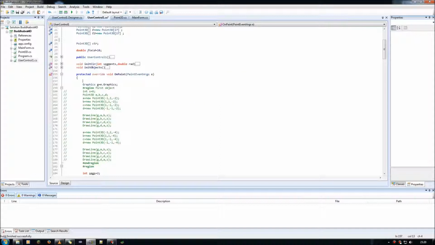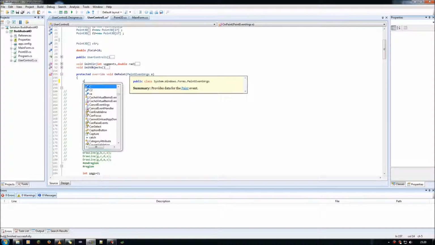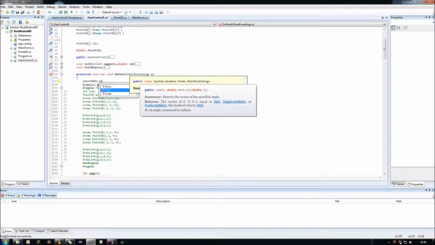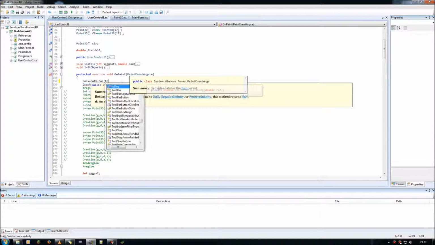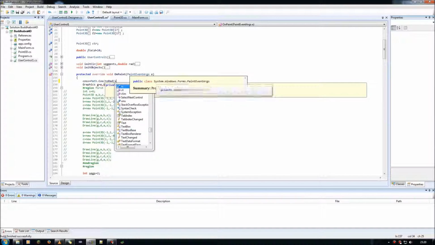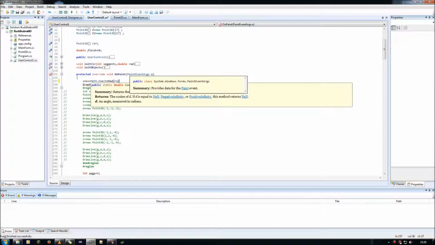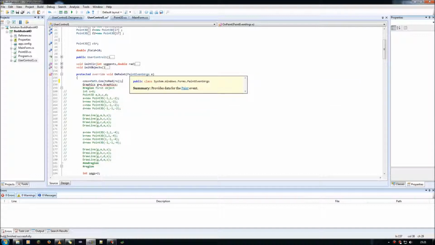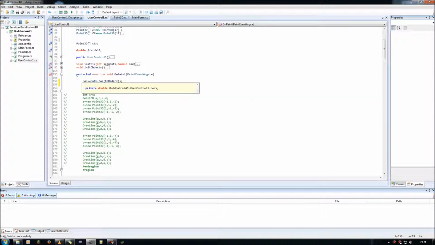So cosine x equals Math.Cos of radians rx, that's right. And then we can do that for the y and the z.